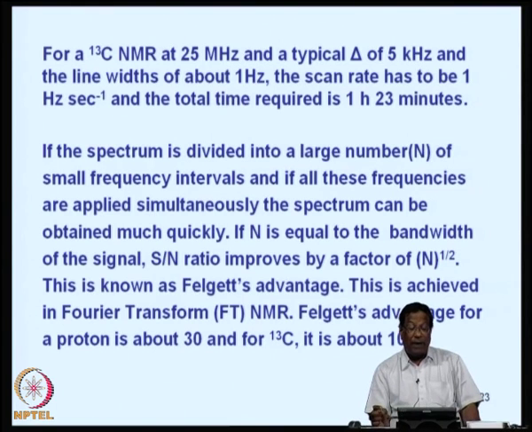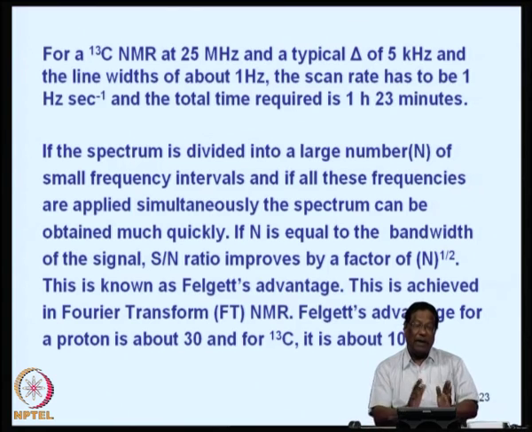That is, if n is the number of bandwidths of the signal, the S by N ratio improves by a factor of n raised to half. This is known as Fellgett's advantage. We have discussed Fellgett's advantage and other things in FTIR.